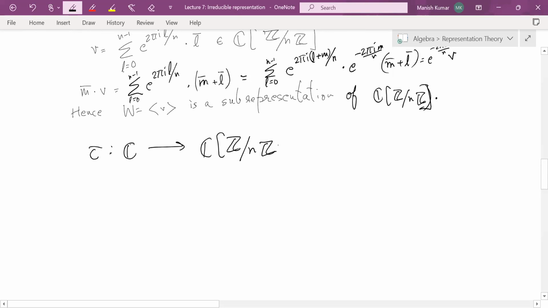What should the equivariant map be? Where should 1 go?